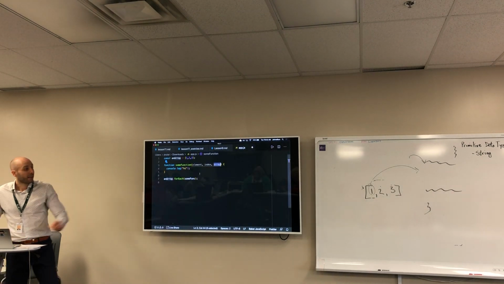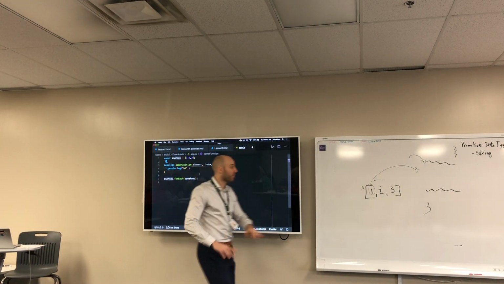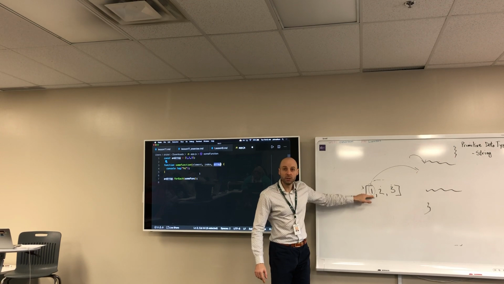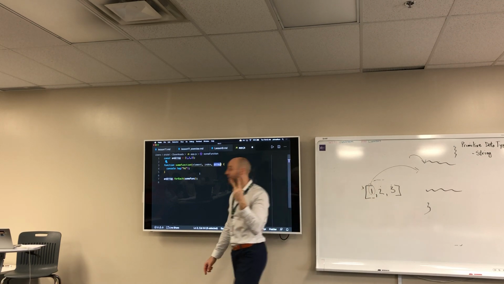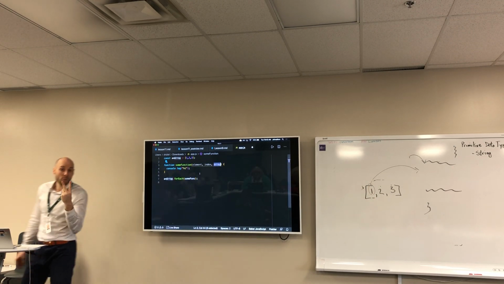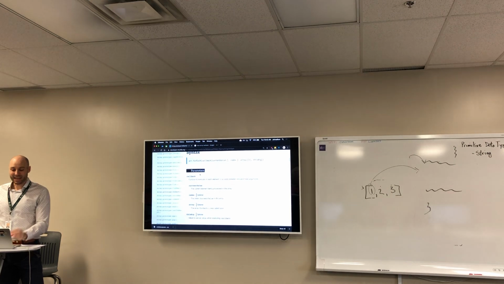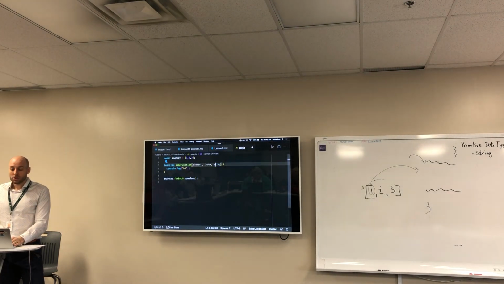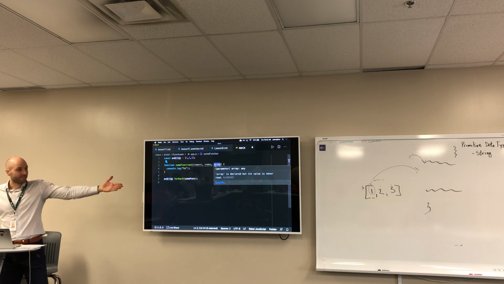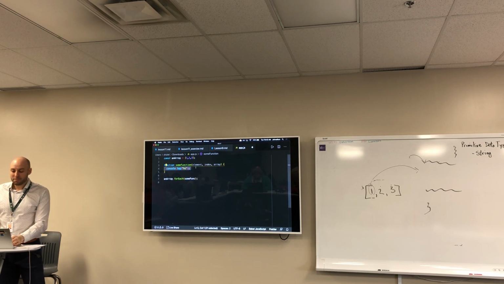The index, the current value's index in the array. So it gives me 2 pieces of information: 1, the value. 2, what is the index of this value? 0. So I get 2 pieces of information for sure, if I want them. And 3, the array. What is the array? 1, 2, 3, the whole thing. So now, in my function, I get all 3 of these pieces of information.